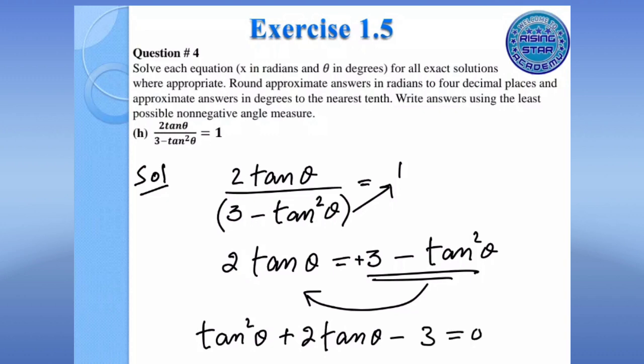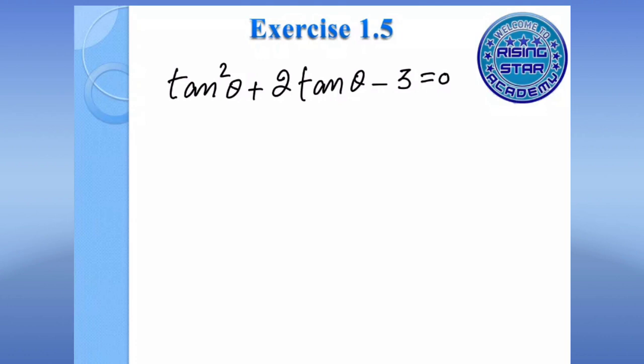Now it looks like a quadratic equation form. So I will factorize it. Let me rewrite it. Now I will use the calculator to make the factor. So A is 1, B is 2, and C value is minus 3.